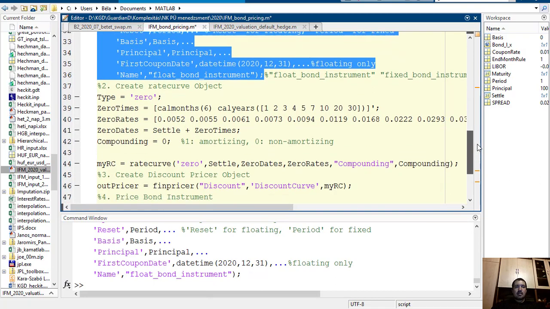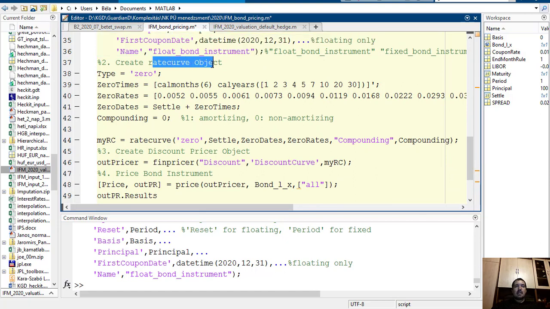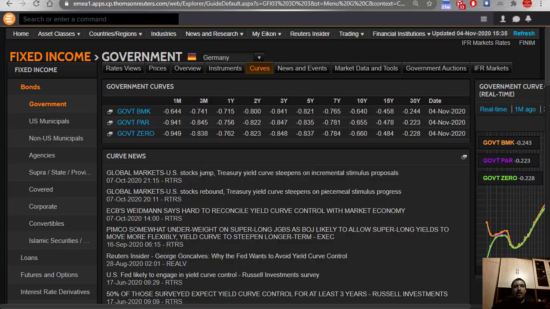and then we are moving on to see that we need a rate curve object. It will be a zero rate curve object, so we have to collect 6 months and 1, 2, 3, 4, and so on, up to 30 years of yields or rates, but it will be bond yield. So let's go to our friendly German.